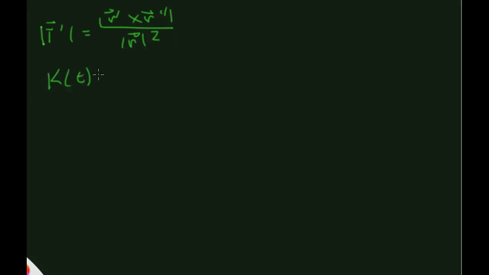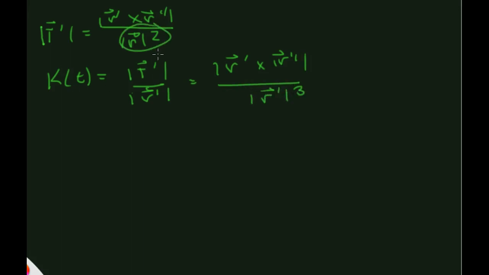And applying that to curvature, remember, curvature is T prime over r prime, which if this is T prime, means I'm going to get r prime cross r double prime over r prime cubed, because you get 2 from here and 1 from there. Okay, so that proves our theorem. What we have to do is deal with the lemma, right? It's still hanging out there, so we have to take a minute to prove that lemma, and once we have that, the theorem is good.